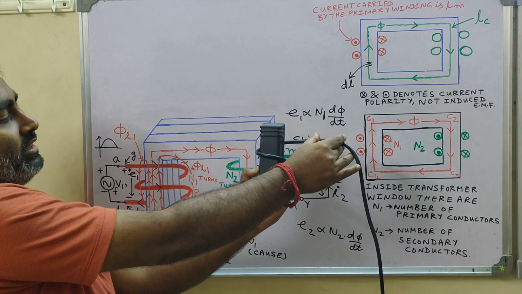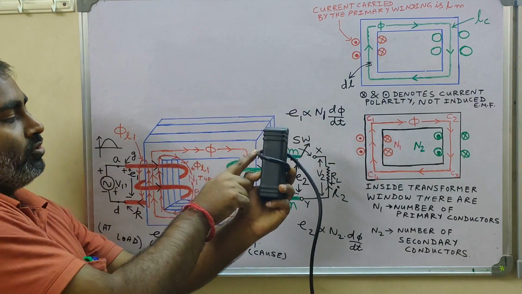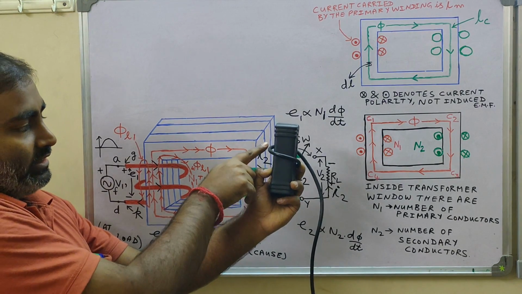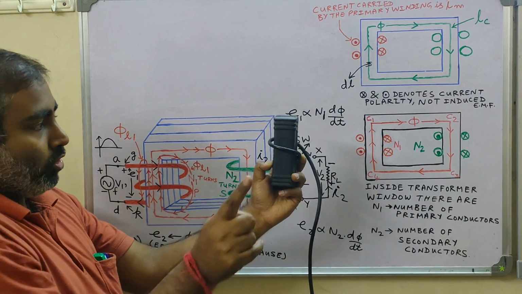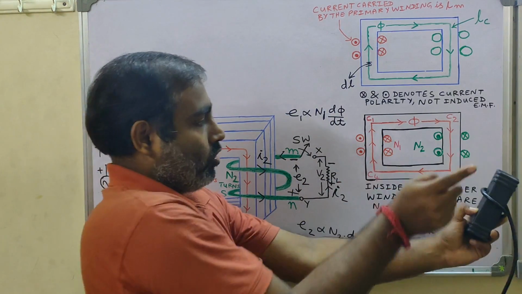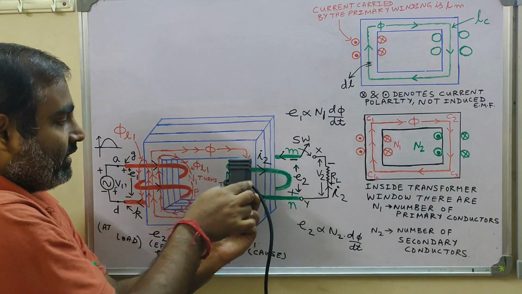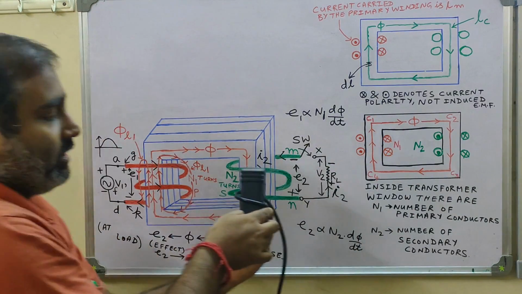From this side current is entering, so obviously from this side it will leave. Leaving means it is coming towards the observer, so this side will be dot. Again it is entering through this side of the limb, so this side of the limb is cross, which is shown here.